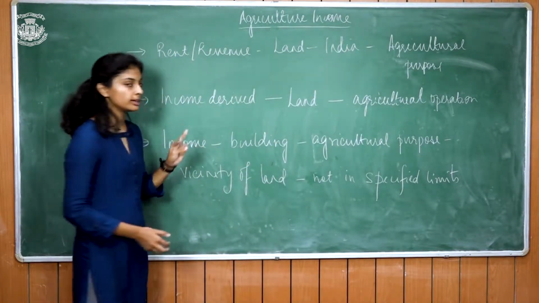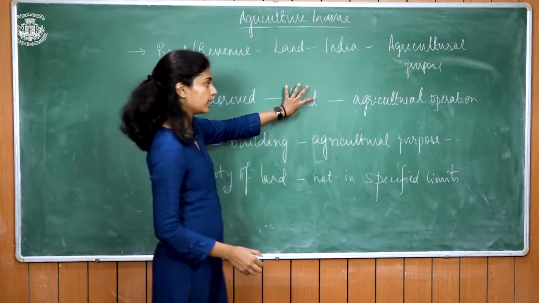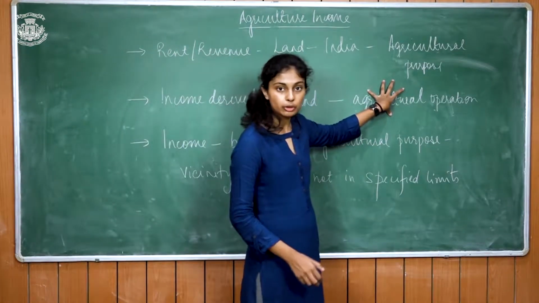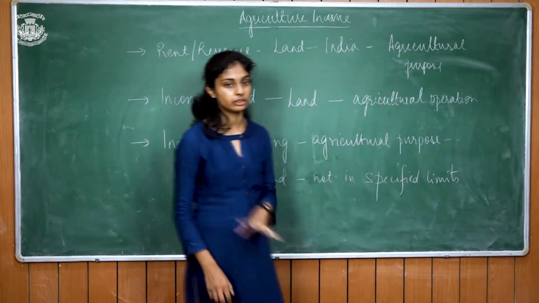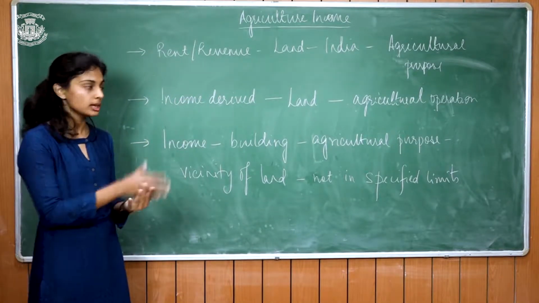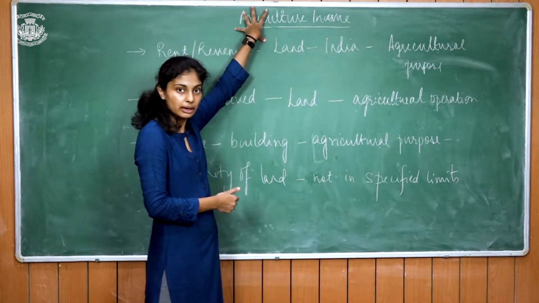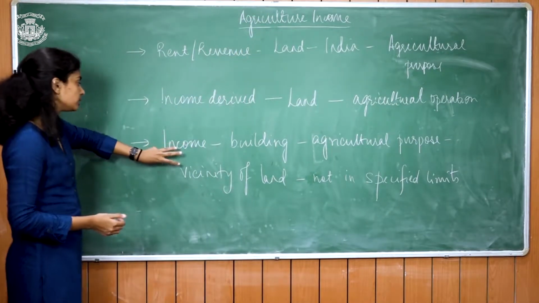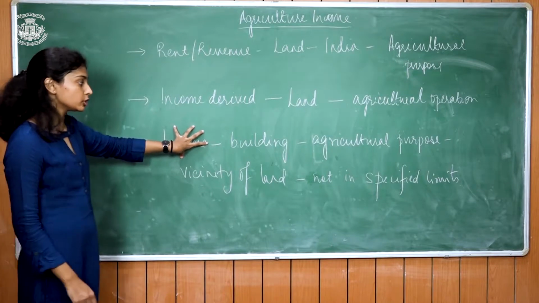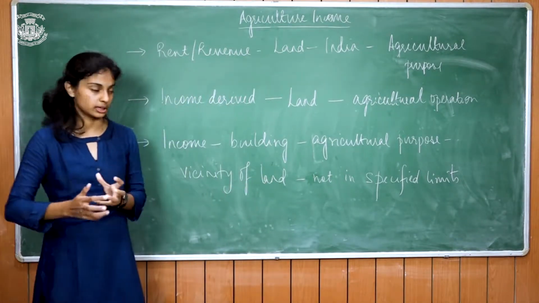Now the second part of the definition deals with income which is derived from such land and which is used for agricultural operations. So if you are directly involved in any agricultural operations, the income you derive from that is treated as agricultural income under the Act. The third part deals with income which is derived from a building, in the nature of a farmhouse.